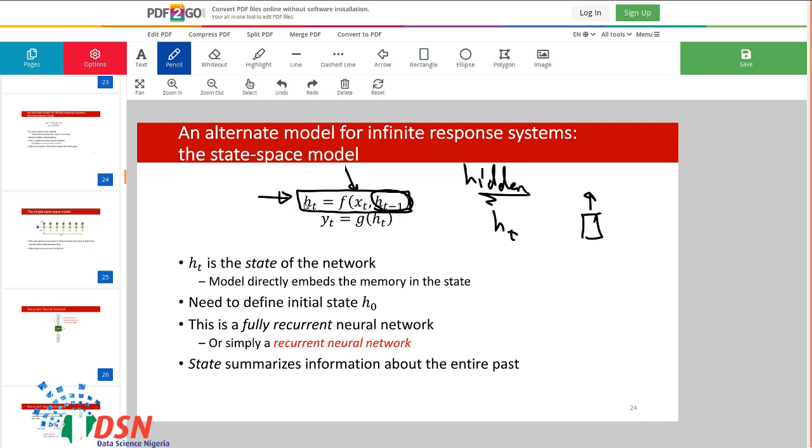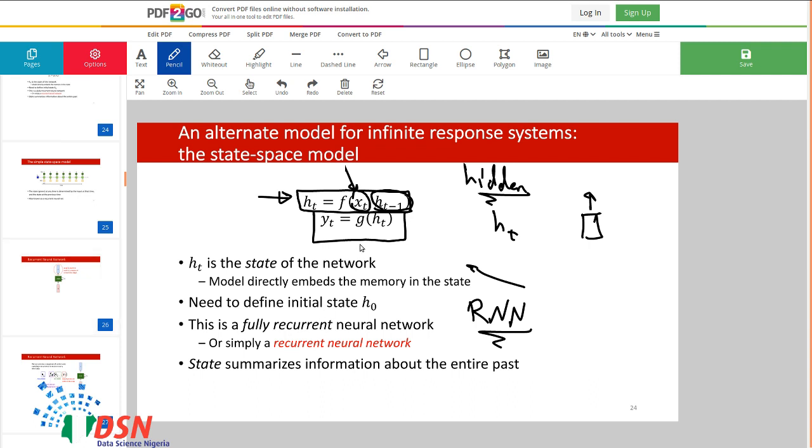So we update the hidden state based on the past history of that hidden state and the new input, and then make the output or the prediction based on a function of the hidden state. If they are neural networks, we call these models recurrent neural networks, or RNNs.